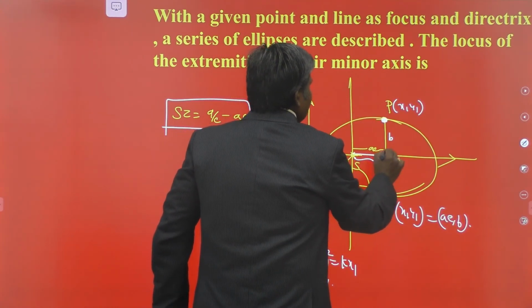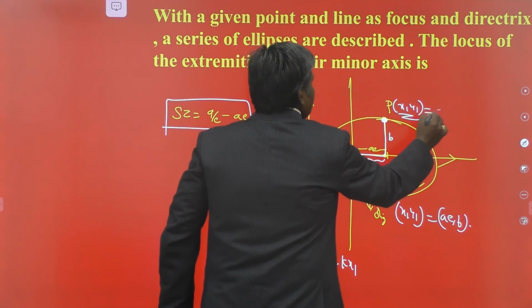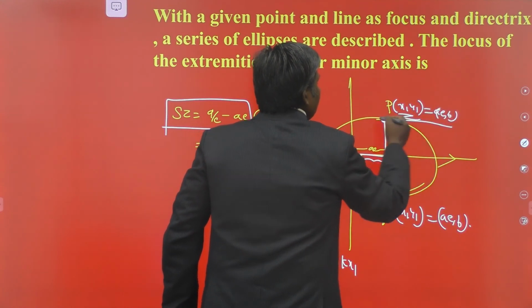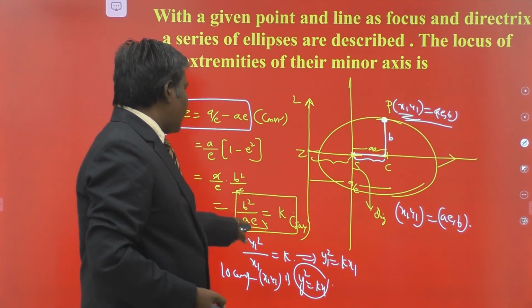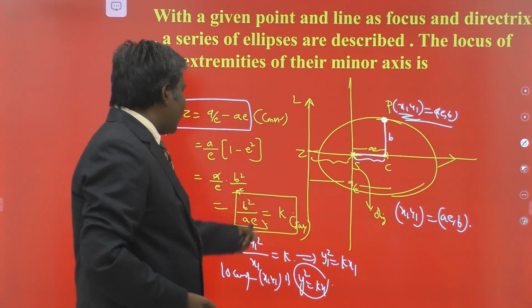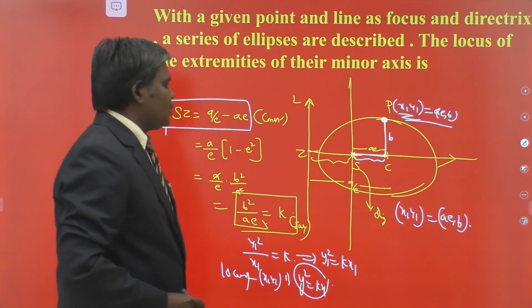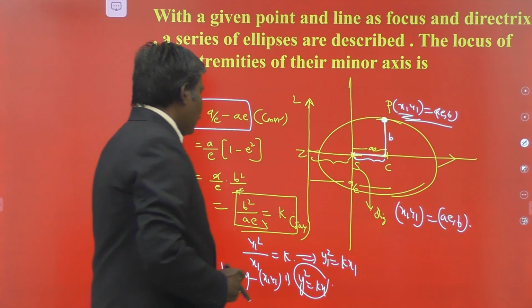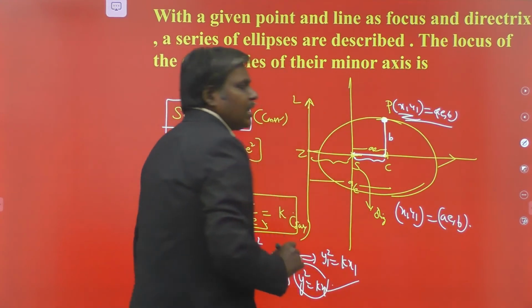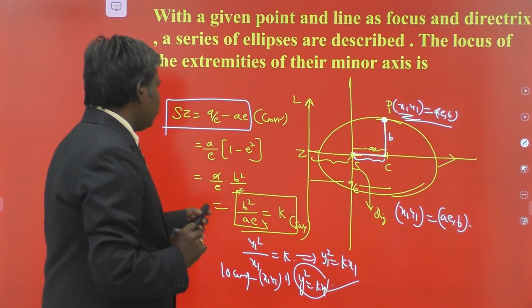This is AE distance, this is B distance. It is nothing but AE comma B. You have to imagine. You can easily crack this one. So the relation is B square by AE is equal to K. Indirectly they have given y1 square by x1 is equal to K. Therefore, the locus of x1 comma y1 is what here? Y square is equal to Kx. Understand? Okay, thank you.